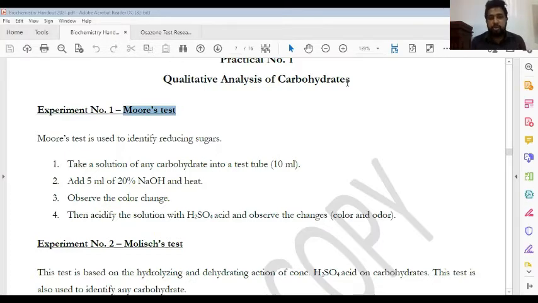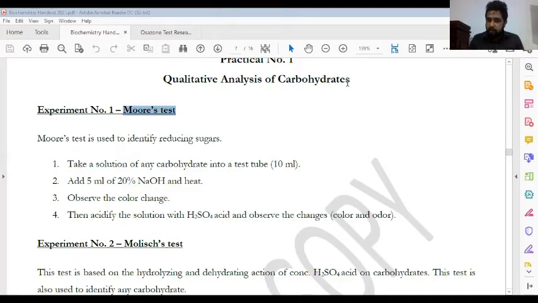The primary objective of this method is to identify monosaccharides such as pentoses and hexoses, as well as disaccharides and polysaccharides, not specifically trioses and tetroses.